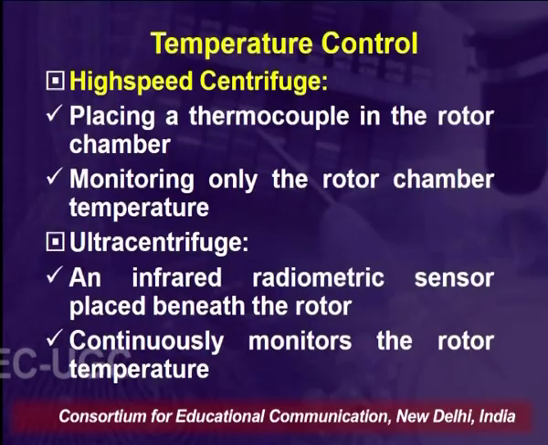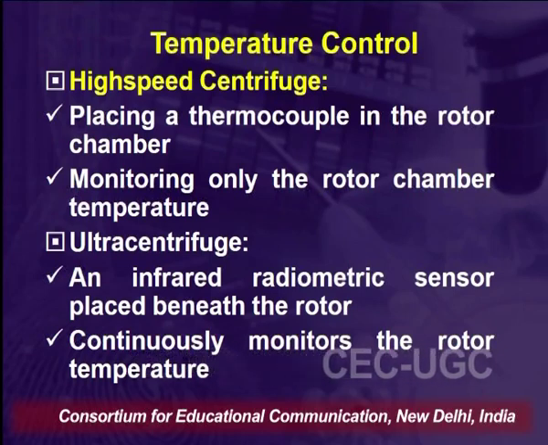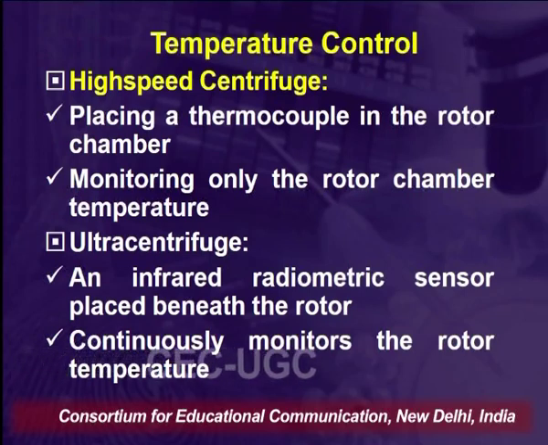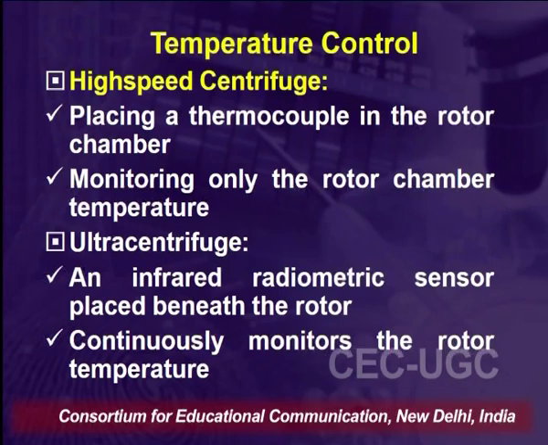It consists of a ring of alternating reflecting and non-reflecting surfaces attached to the bottom of the rotor. This is a small but intense point source of light, and it contains a photocell. When we talk about temperature control in the high speed centrifuge, we usually place a thermocouple in the rotor chamber and monitor only the rotor chamber temperature, whereas in the ultracentrifuge, an infrared radiometric sensor is placed beneath the motor, which continuously monitors the rotor temperature.